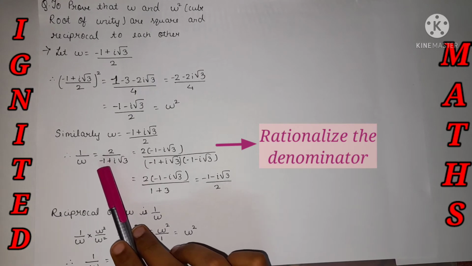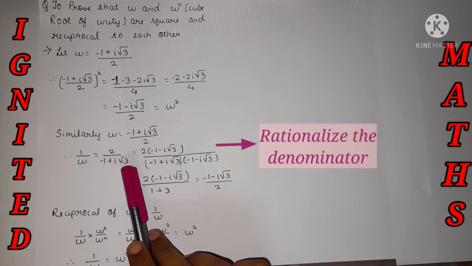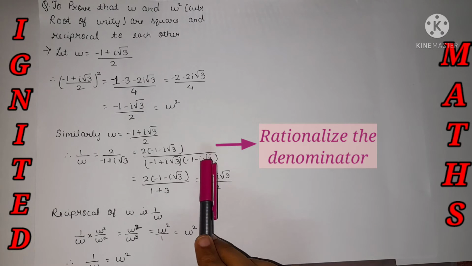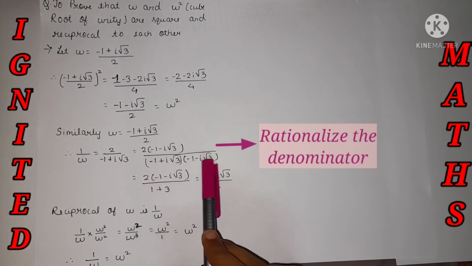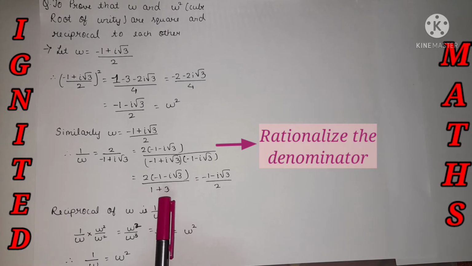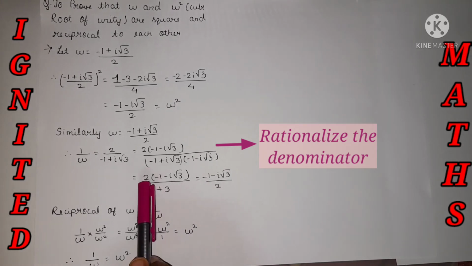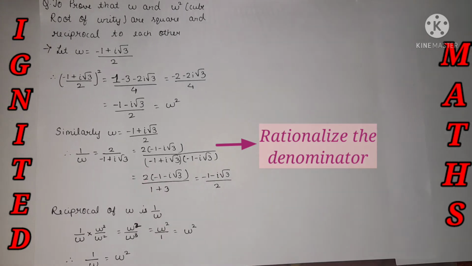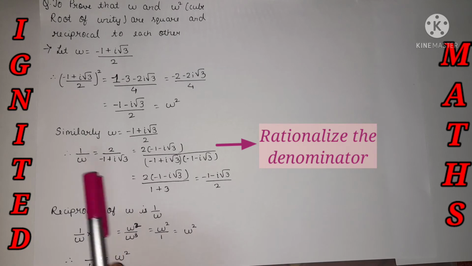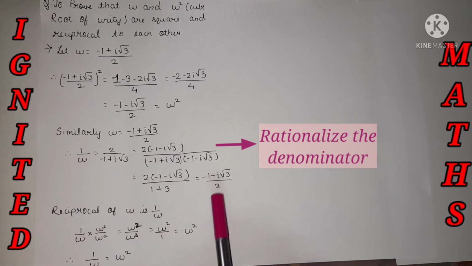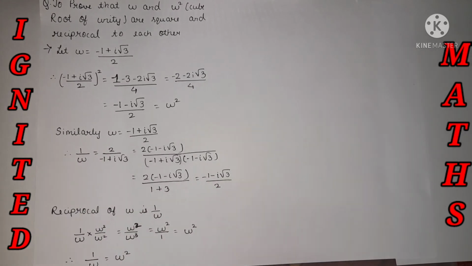How can I rationalize? Multiply minus 1 minus i root 3 in the numerator and the denominator. Now at the denominator, if we do the calculation, it is 1 plus 3, which is 4, and over here 2. So 2 divided by 4 is 1 by 2. The same I have written over here. 1 by omega is the reciprocal of omega, as I have proved it over here.